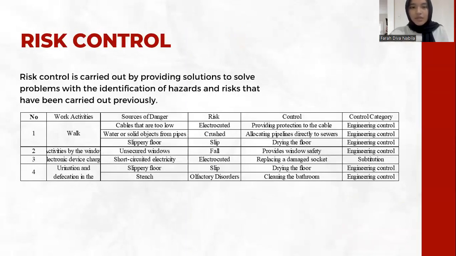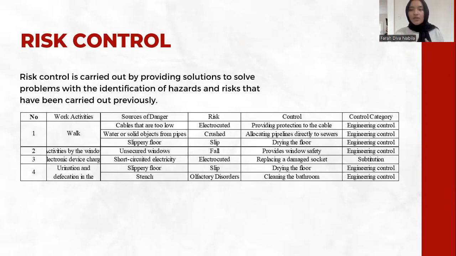Next is risk control. Risk control is based on the following hierarchy. First is elimination. What is elimination? Elimination is removing harmful sources or activities. Second is substitution. Substitution is replacing sources, tools, machines, materials, activities or areas with safer ones. Third is design.